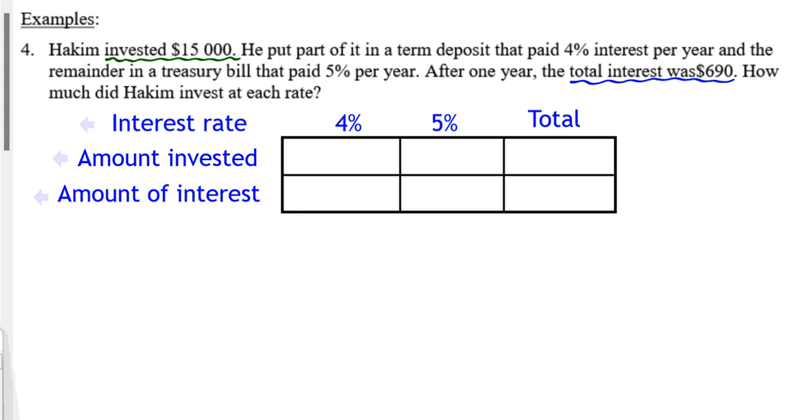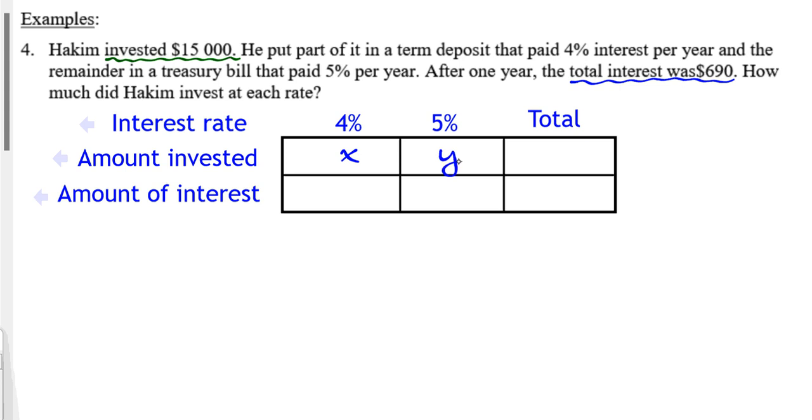So what we're asked to find is how much Hakeem invested at each interest rate. So that's a clue of how we'll define our variables. So let's say Hakeem invested X dollars at 4% interest, Y dollars at 5% interest.